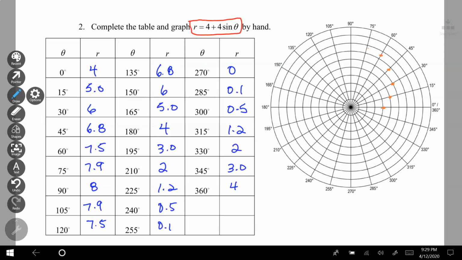And then 7.9 at 75 degrees. And finally, I'm at 8 at 90 degrees. I'm going to pause the video and do the rest of the points.